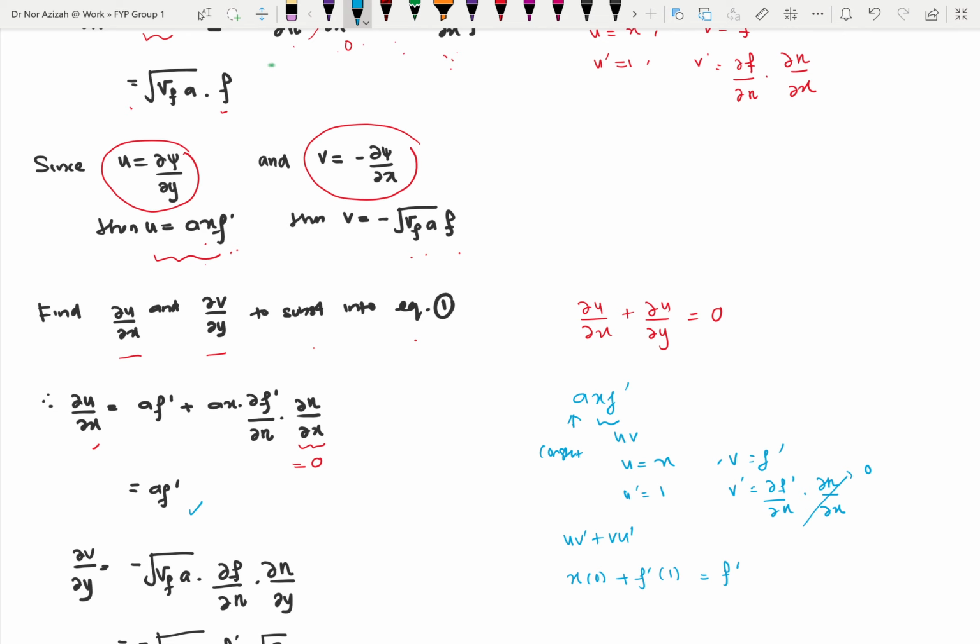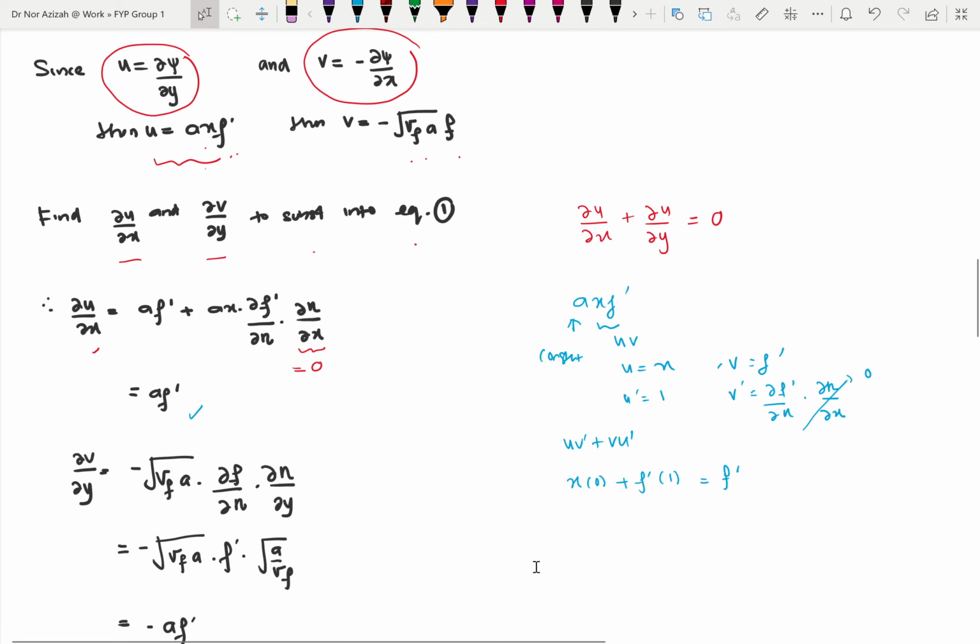Okay, and then for del v del y, v equals negative sec nu f a times f, so differentiate with respect to y. Negative sec nu f a is a constant, so you put it here, and then differentiate f with respect to y.